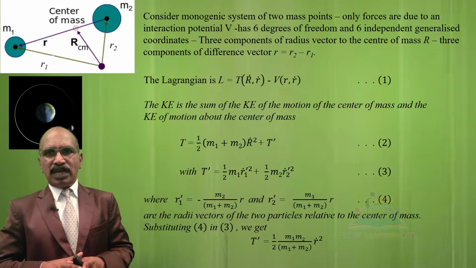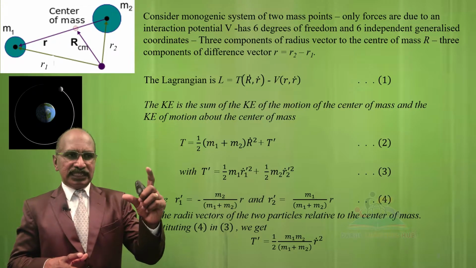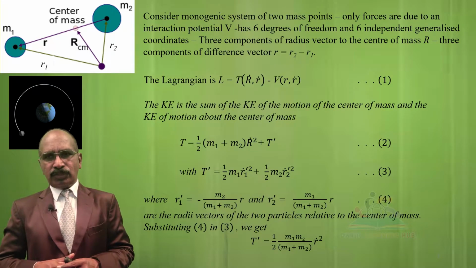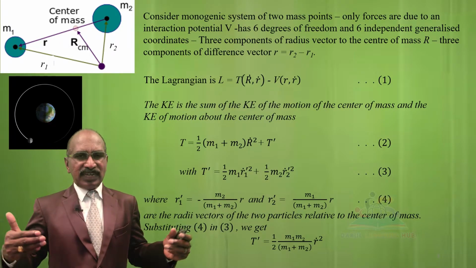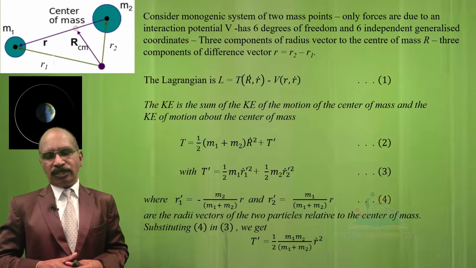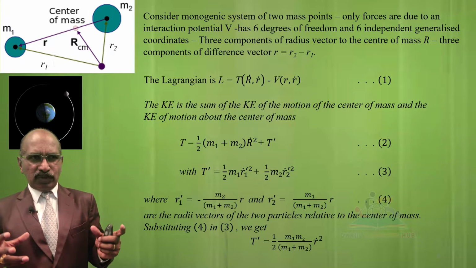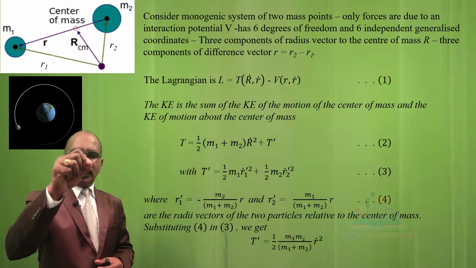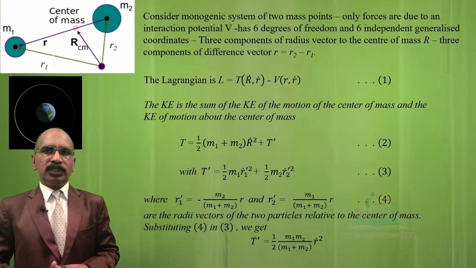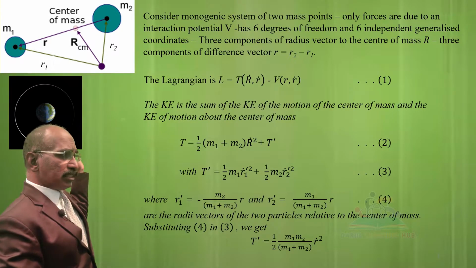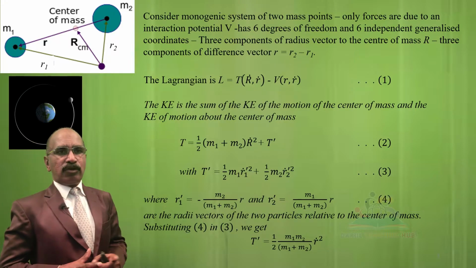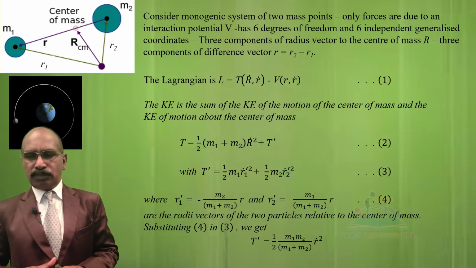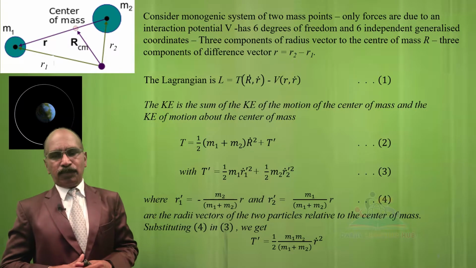The position of the center of mass with respect to the coordinate system is capital R, and the two bodies are at distances R1 and R2, and the difference vector r is equal to R2 minus R1. Therefore, here we have 6 independent generalized coordinates to represent the position of the bodies. How? For the center of mass we have 3 coordinates, and for the difference vector small r we have 3 components.